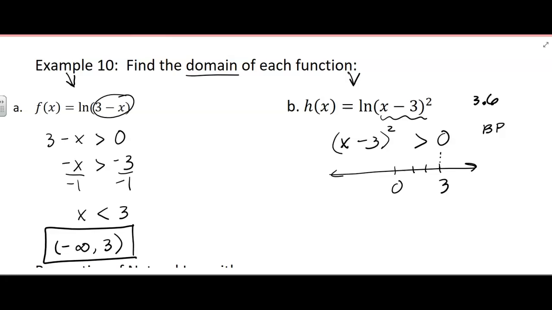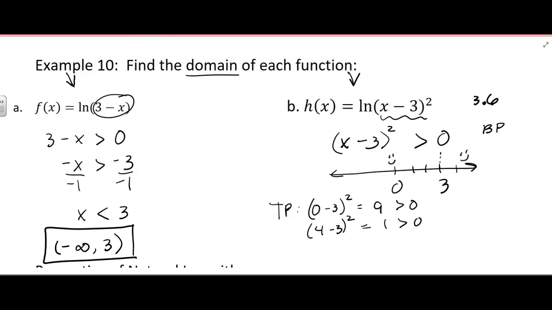And it turns out, well, if you pick a test point over here, say you put in 0, you're going to get 9, and 9 is greater than 0, right? So this side works. But if you pick a number greater than 3, like 4, and I'm plugging it in and I get 1, 1 is also greater than 0.